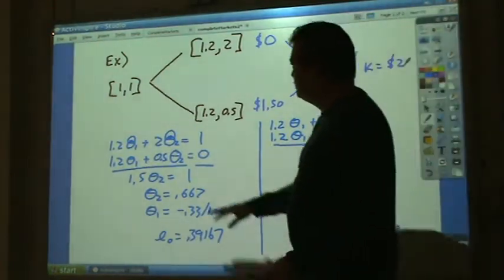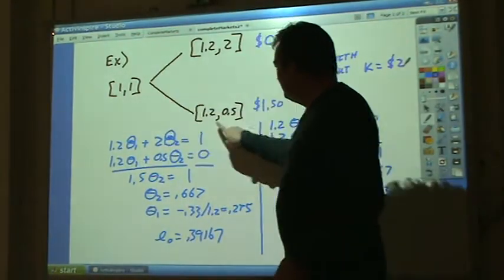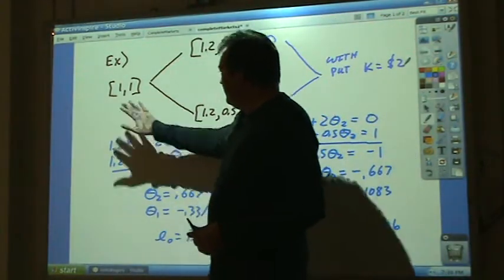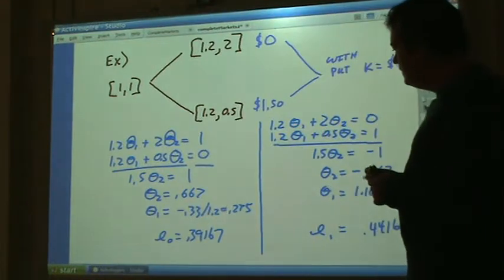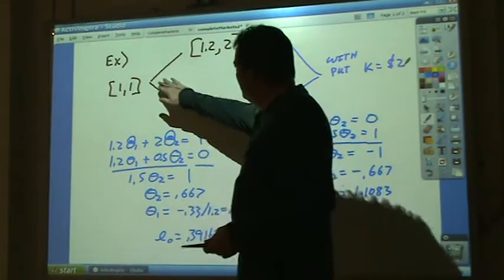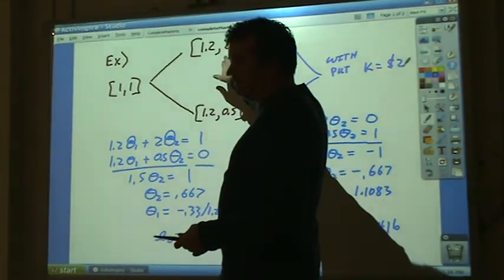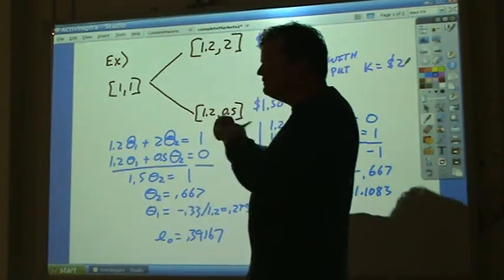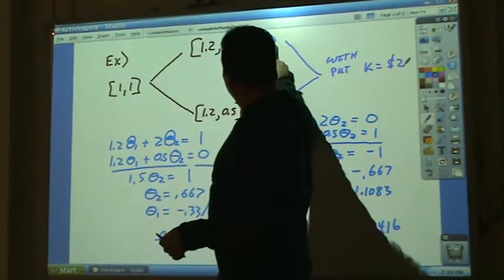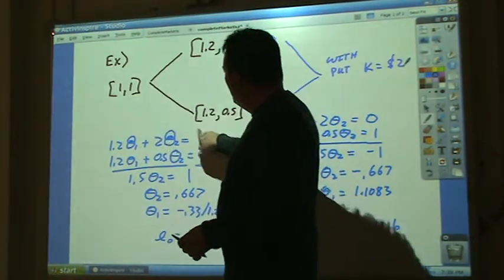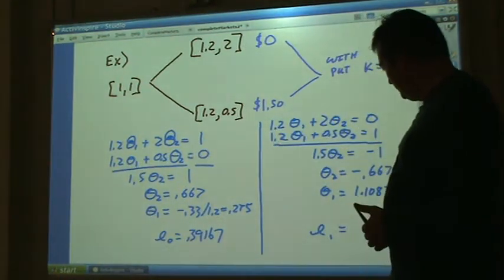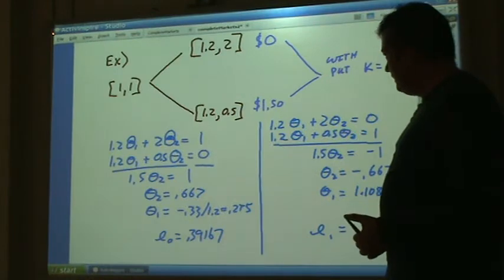So again, a $2 put option will pay 0 in this state, $1.50 in this state. And we want to know what's the fair price to pay today for that payout. If we buy 0 units of the elementary security that pays us $1 in the up state, because we don't want to get paid if the market goes up, and we buy 1.5 units of the second elementary security, then what will the payout be?